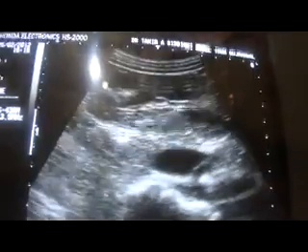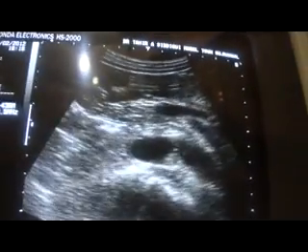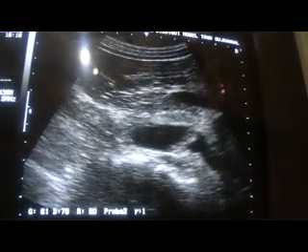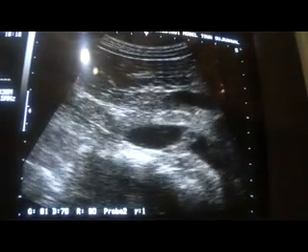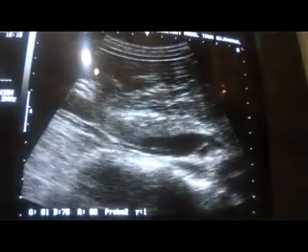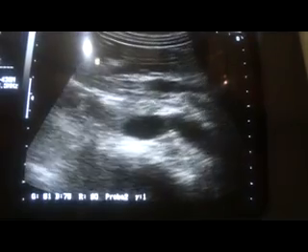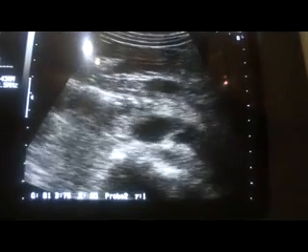Now there is mass effect from the mass, and that is the reason that you may not be getting the organs from the scanning plan that we are used to in routine.